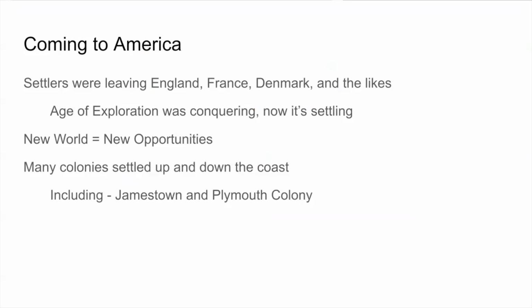But then the age of exploration influences this time period because now people want to go and start a new life, take over a brand new area, and basically have new things they didn't really think they could have. So settlers were leaving England, France, Denmark, and the like because they saw freedoms, newness, chances that they didn't have in the old world.